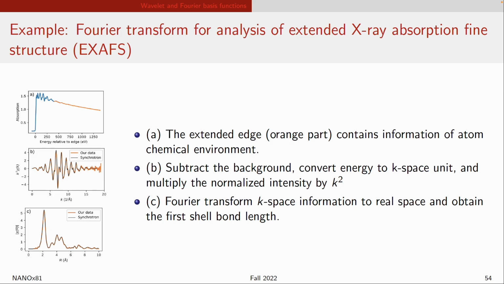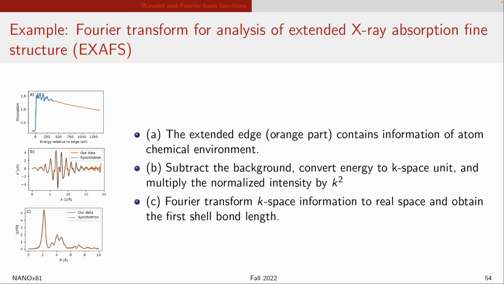Another example where this is used is in X-ray absorption spectroscopy. In X-ray absorption spectroscopy, very frequently you have this very long tail beyond the edge. This is called the near edge, and this is called the extended edge.